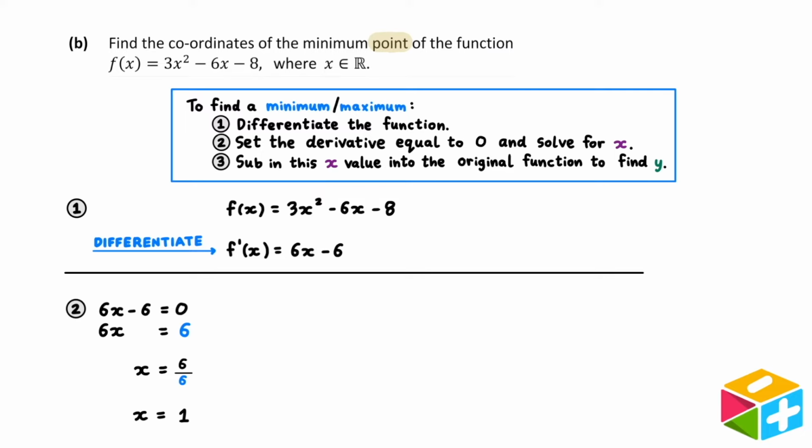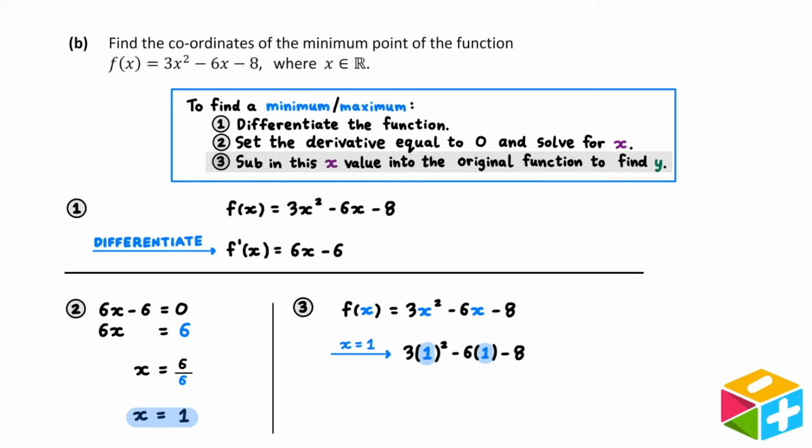We were asked to find the minimum point of the function. A point has both an x and a y coordinate. We found the x, but we don't yet know the y. To find it, we must sub in our x value into the original function. The original function was f of x is equal to 3x squared minus 6x minus 8.